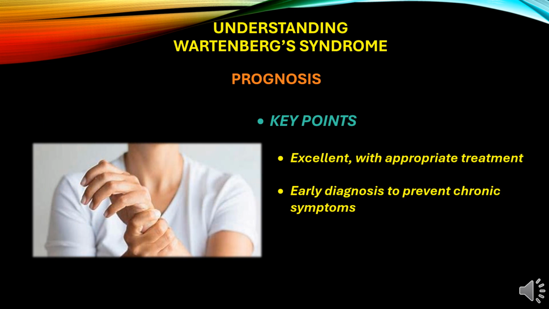As we discuss prognosis, it's very encouraging because with timely, appropriate management, the prognosis for Wartenberg syndrome is excellent, allowing patients to return to normal activities. Early diagnosis and intervention is really essential for Wartenberg syndrome to prevent the chronic symptoms that could linger for years.